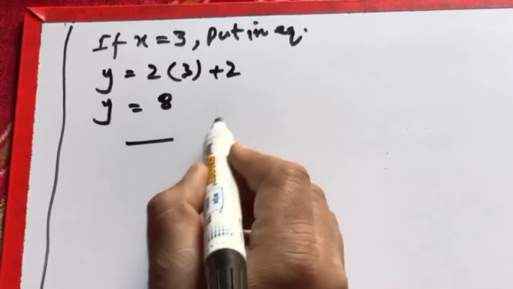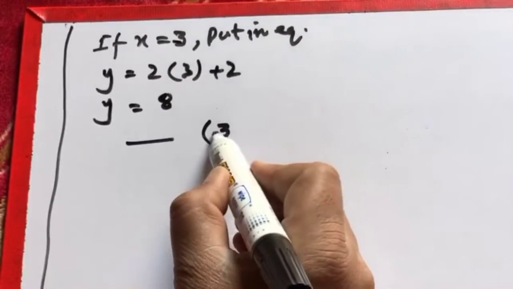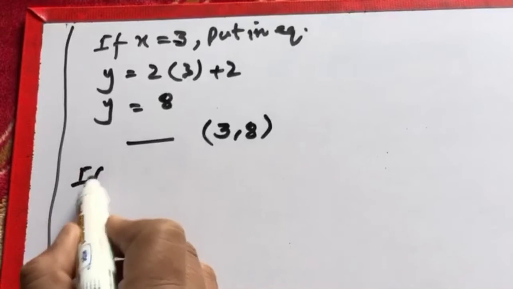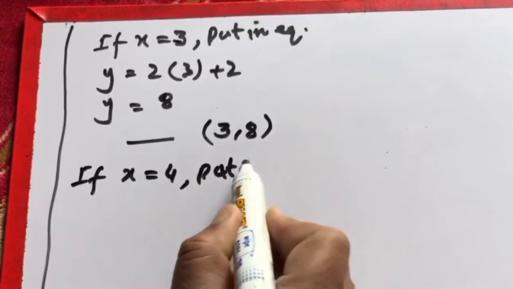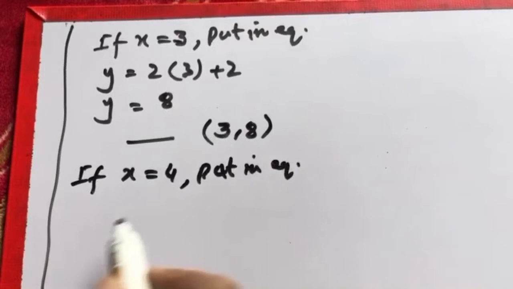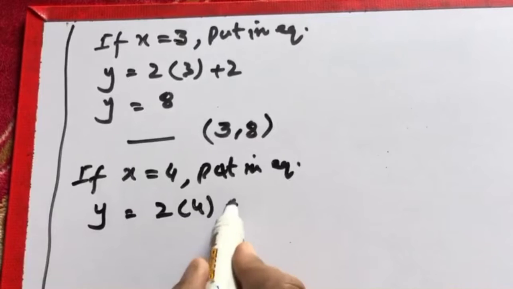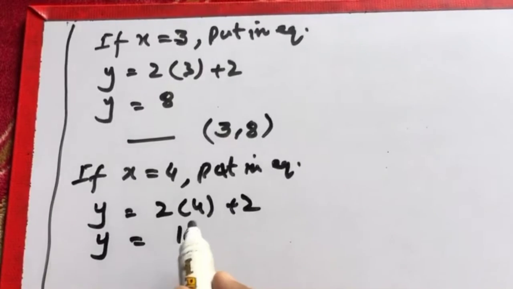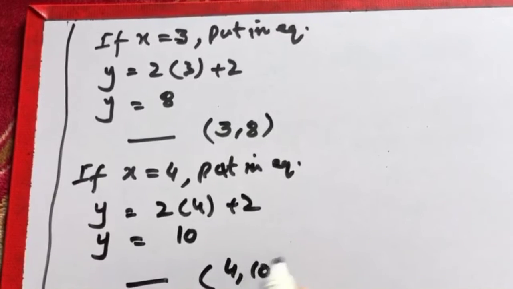So we will get the next point, in which x is equal to 3 and y is equal to 8. And if we take x as 4 and put it in the equation, we will get the value of y, which is 2 into 4 plus 2. So by simplifying, 2 4s are 8 plus 2 is 10. So the next point is 4 and 10.